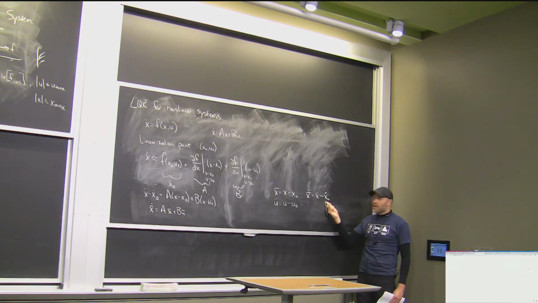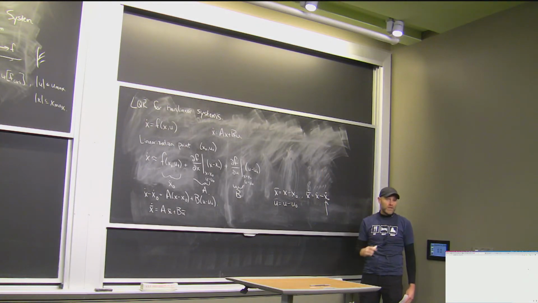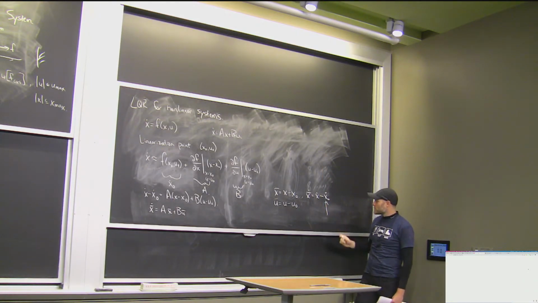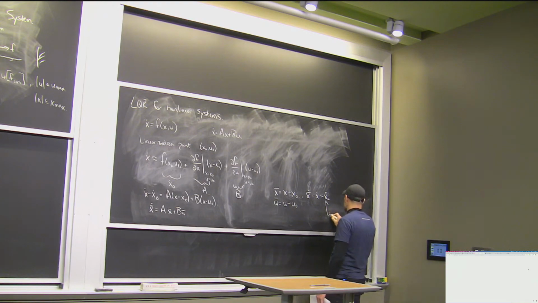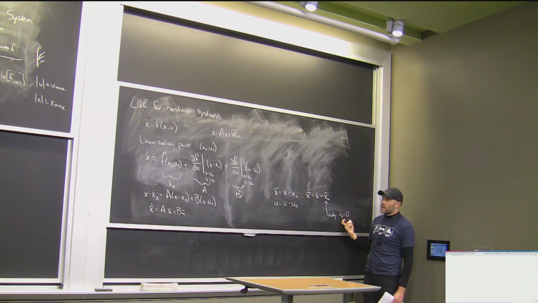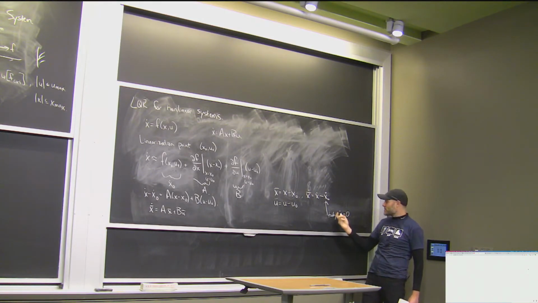But we're going to generalize it and use this fact later when we want to linearize along trajectories or things like that. Okay, but for today, x dot will be 0. I've just chosen x0 to be the upright that's fixed over time. Its time derivative is 0.